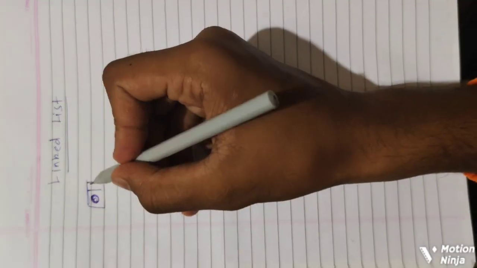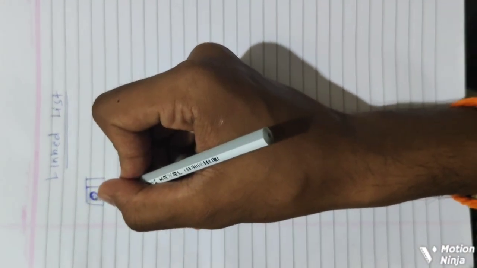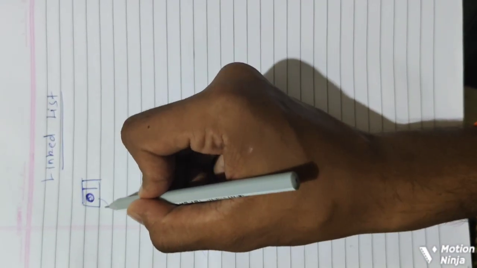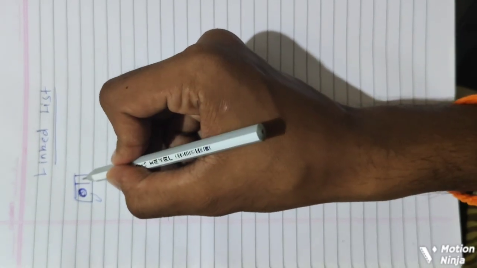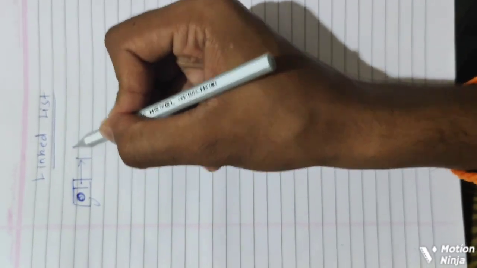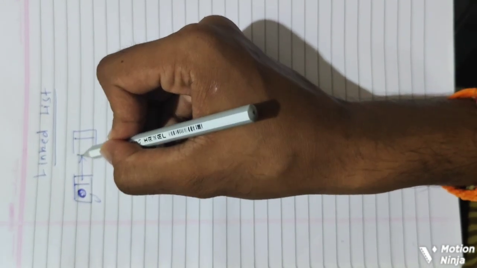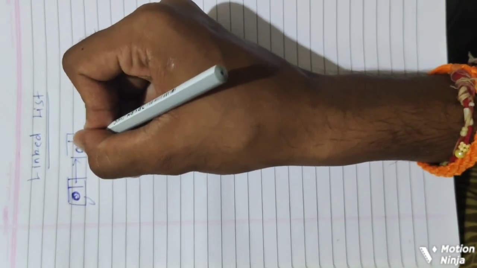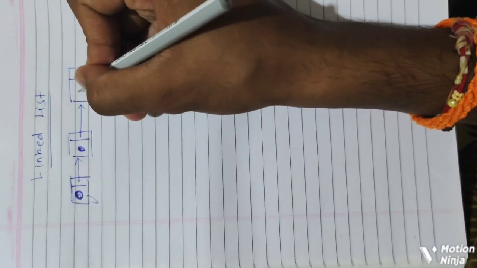So let's move on. With its data element value stored in various nodes. Now these nodes are connected. These nodes have two parts. One where the data element is stored, and the other is a pointer to the next node in the linked list. Like this node is connected to this node using this pointer. So suppose here is another value. So this node will be connected to another node, and so on.